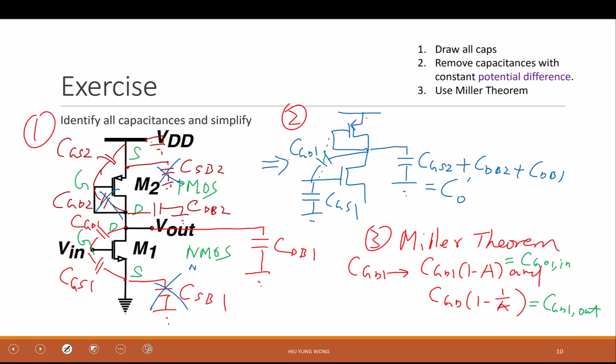I'm going to cross this out, and this one becomes CGS plus CGD1 in, and this one becomes CO plus CGD1 out. Is this okay?